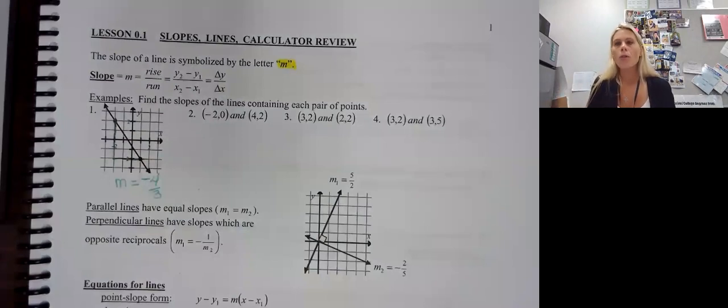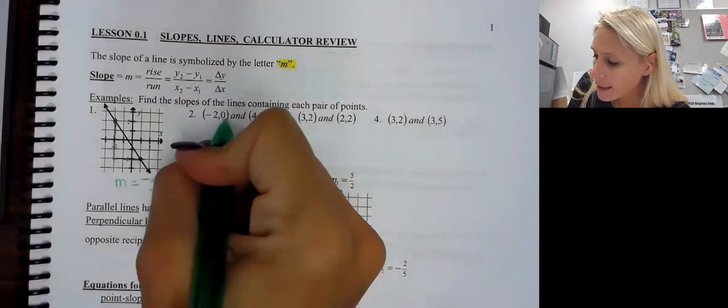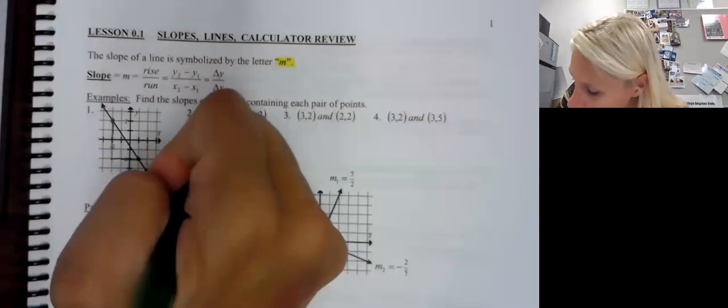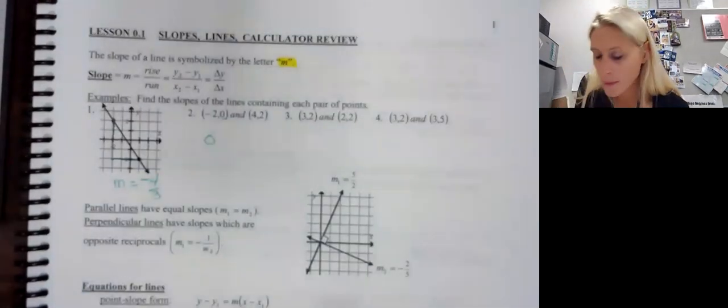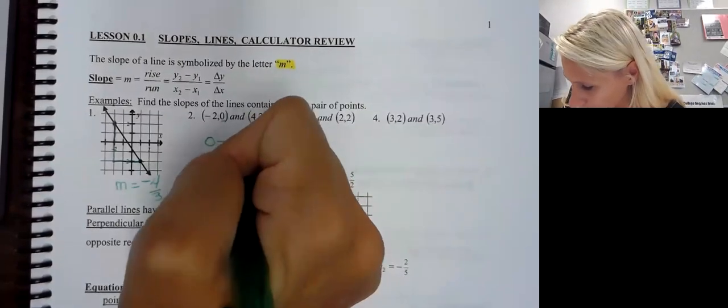Okay. So remember, we're doing our y's over our x's. So does it matter which y you put first? No, but you do have to make sure that the x is in the same order. And I'll show you right now on the paper. So I'm going to take this y here. So I'm going to go 0 minus, and then the second y is 2.